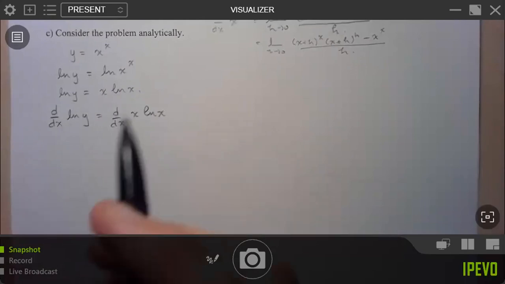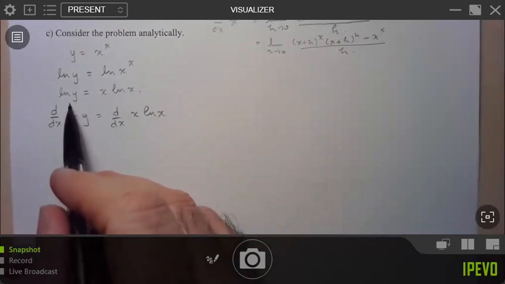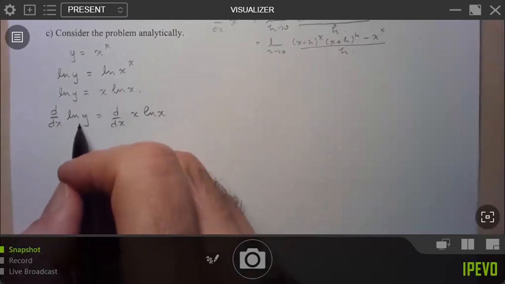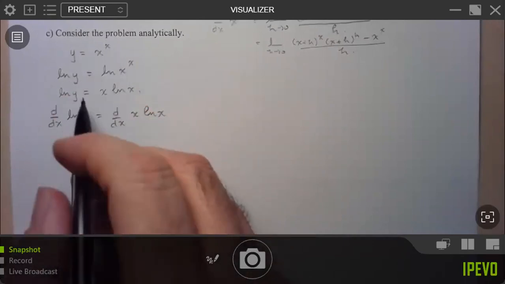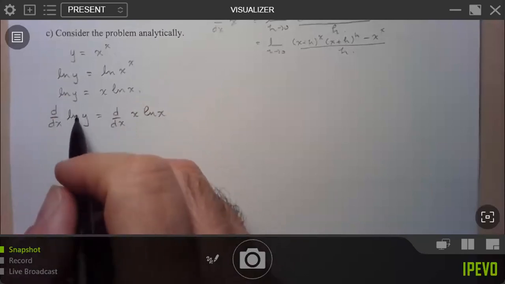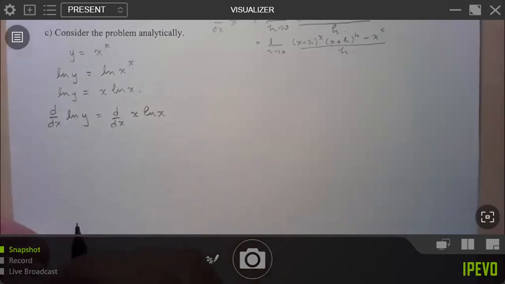Even though it might not look it, this essentially is a composite function where the inside function is my y, which is x to the x, and then I'm taking that output and sticking it into the natural logarithmic function. So what does the chain rule say I have to do?